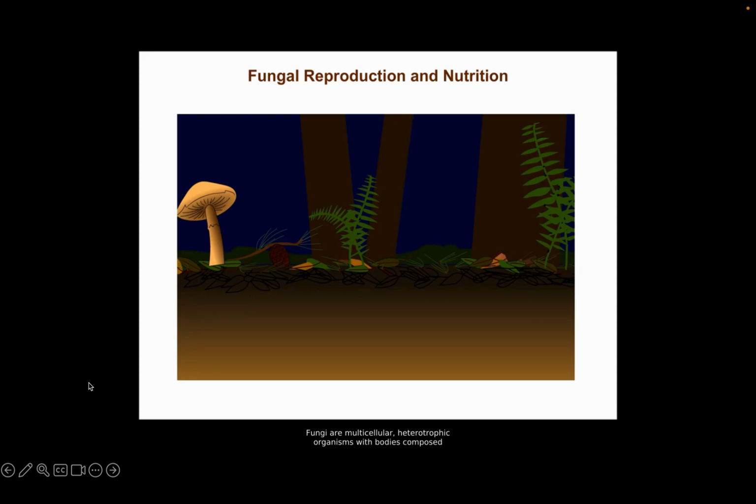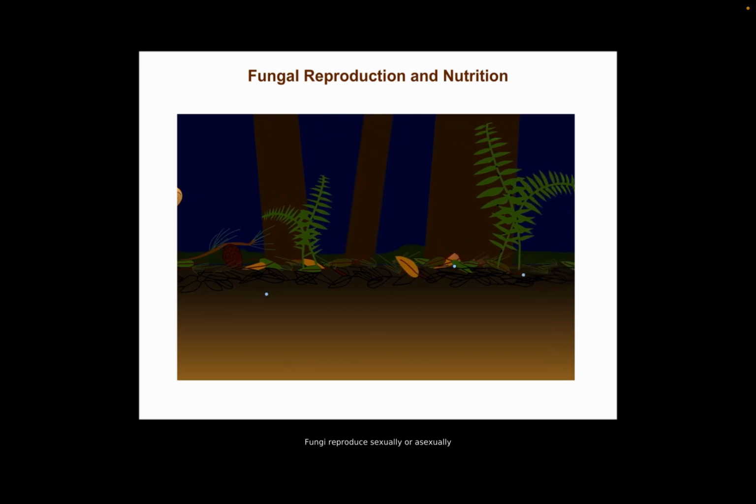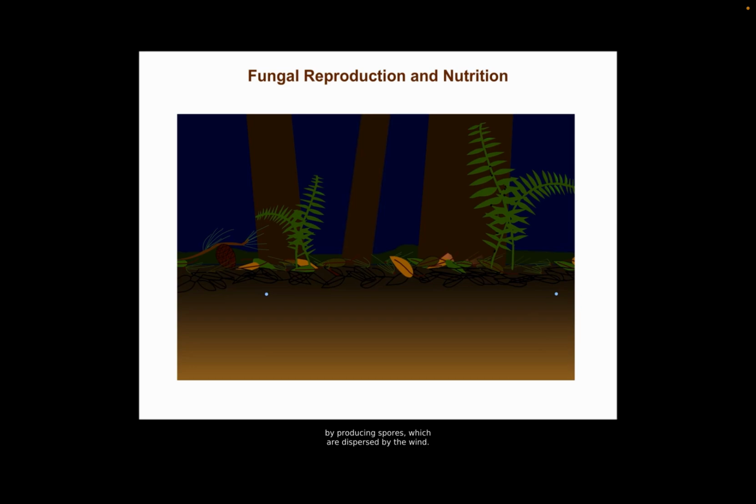Fungi are multicellular, heterotrophic organisms with bodies composed of long threads of cells called hyphae. Hyphae obtain nutrients by absorbing pre-digested food. Fungi reproduce sexually or asexually by producing spores which are dispersed by the wind. Spores that land on a moist substrate will begin to germinate.